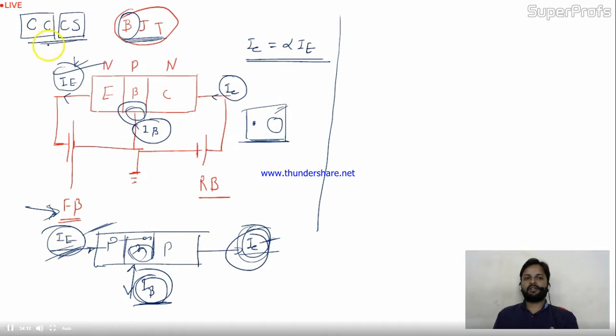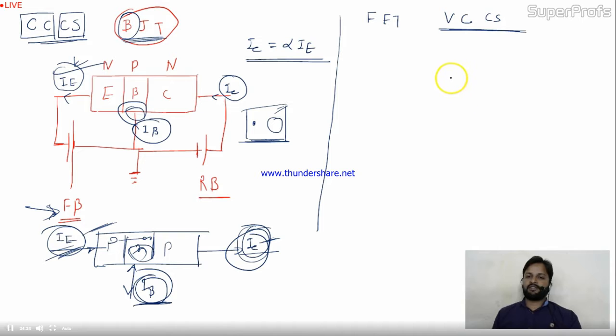So this is called the current control current source. Now friends, if we talk about the FET, FET is a voltage control current source.